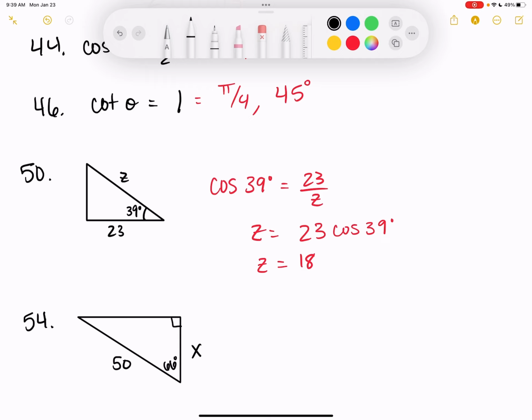So which trig function associates those values? It's still cosine. So it'll be the cosine of 66 degrees equal to adjacent, so x over hypotenuse 50. So then I can just multiply by 50. So x is equal to 50 cosine of 66.